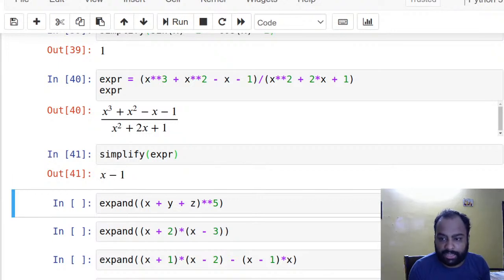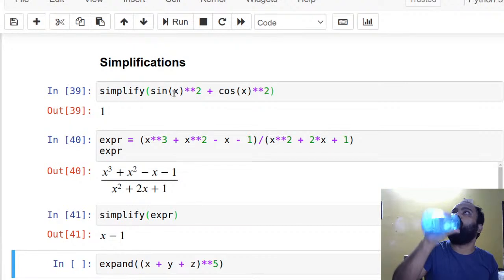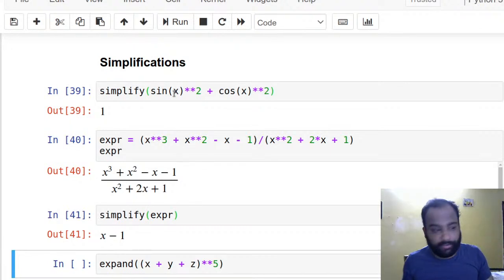But whenever it does that, Google Colab might give you some erroneous results. This is being given as 1.10. No, Google Colab cannot give you 1.10 for this one. This has to give you 1.